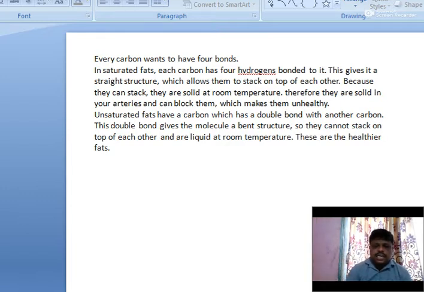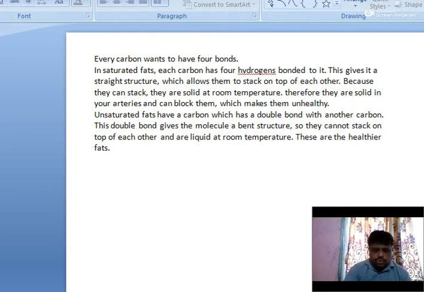So these are slightly different from the simple lipids, because compound lipids are associated with other compounds like the phosphate and the sugar. But simple lipids are associated with alcohol only, or the various types of alcohols, while compound lipids are associated with the phosphate groups and the sugars.